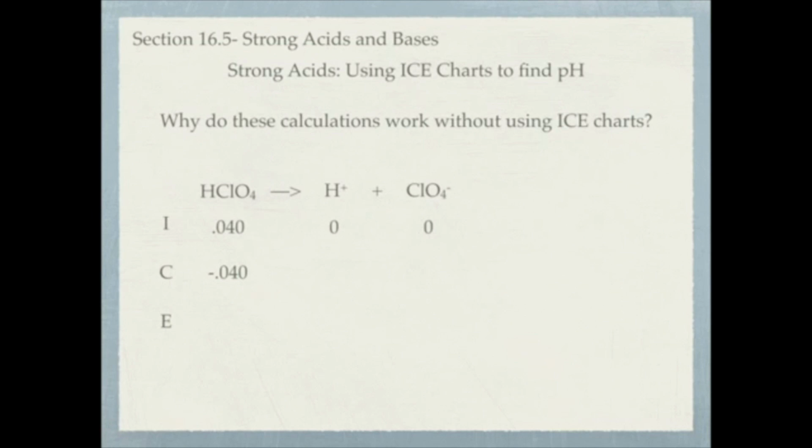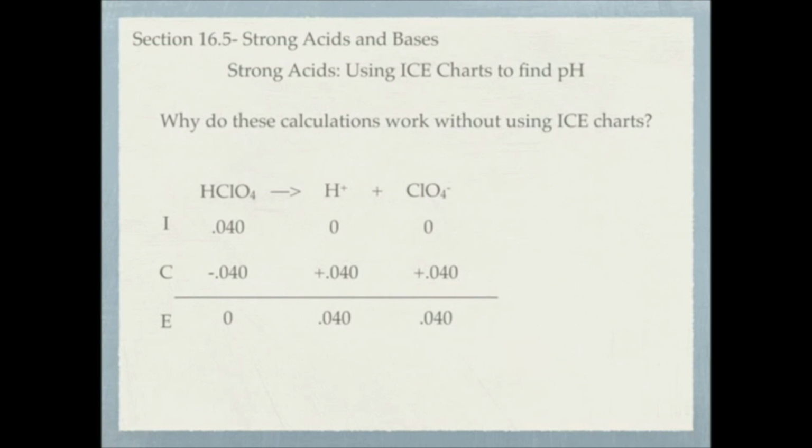And therefore, I already know my X. It's negative 0.040. So it's going to be plus 0.040 and plus 0.040. And so at equilibrium, I have none of my perchloric acid, and I have 0.040 of my hydrogen ions and 0.040 of my perchlorate ions.